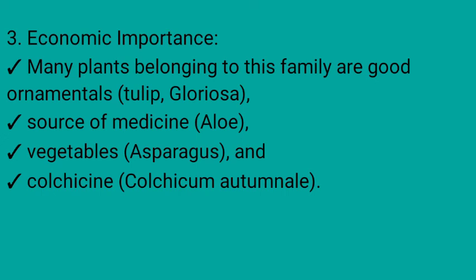Some are vegetables, asparagus, and some plants, particularly Colchicum autumnale, give the alkaloid colchicine, which arrests the metaphase spindle fibers during mitosis. We can discuss this colchicine under cell cycle and cell division.